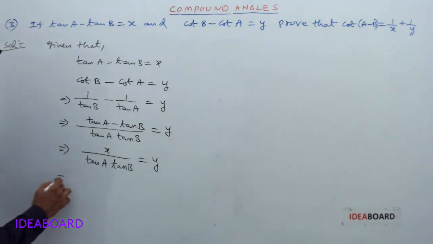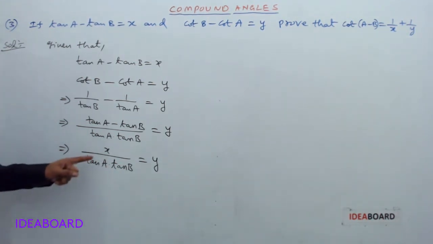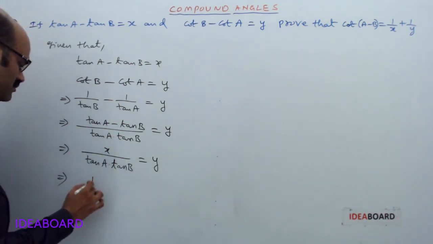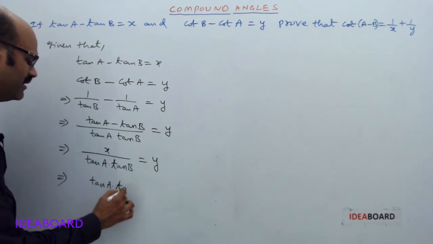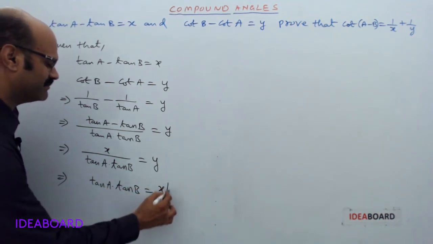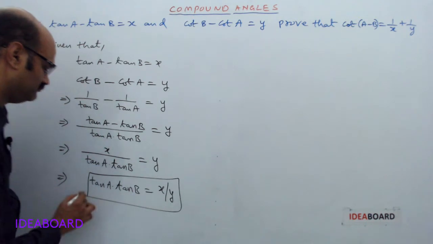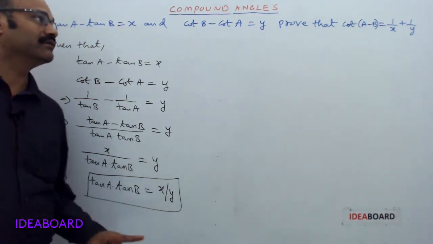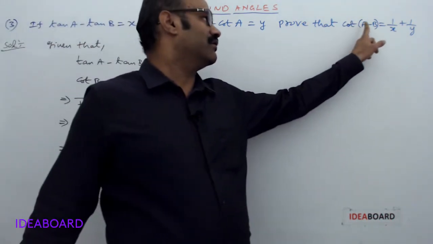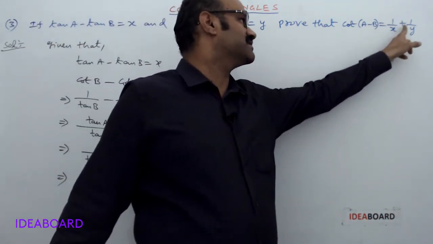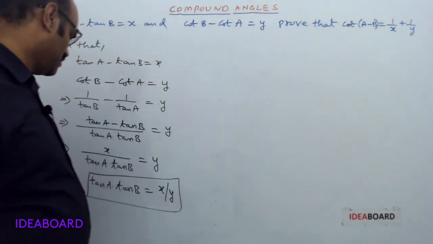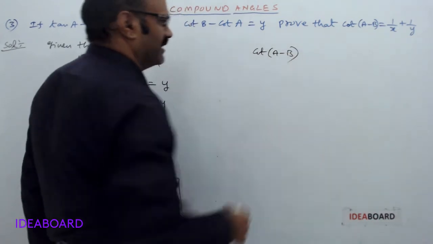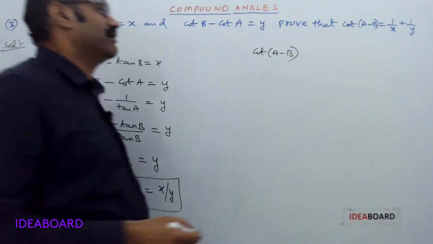So it implies from this, tan a into tan b equal to x by y. Now here we have to prove that cot of a minus b equal to 1 by x plus 1 by y. So now cot of a minus b can be taken as 1 by tan of a minus b.